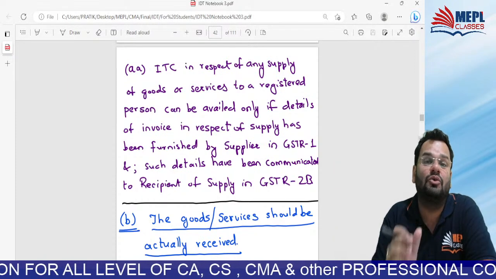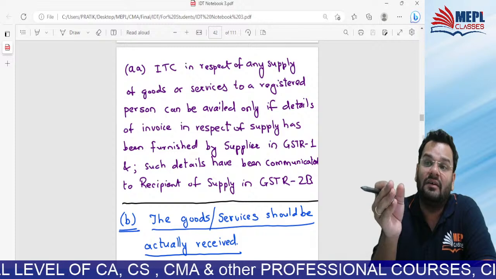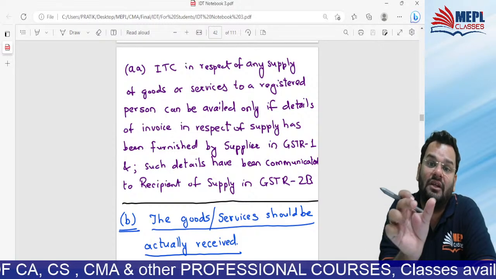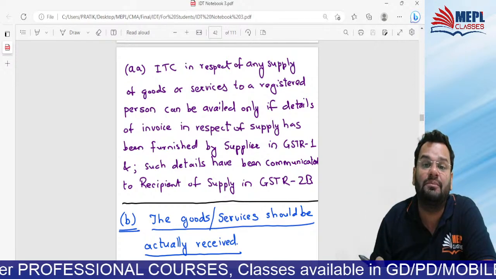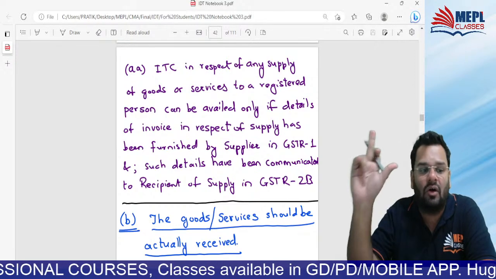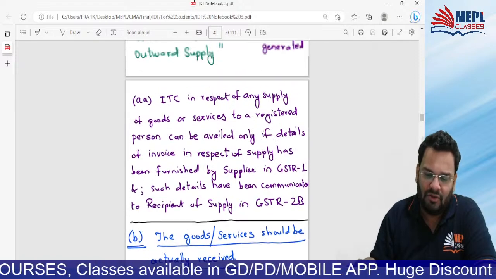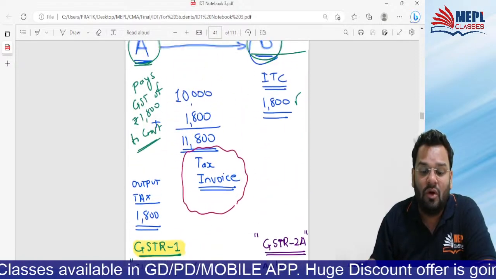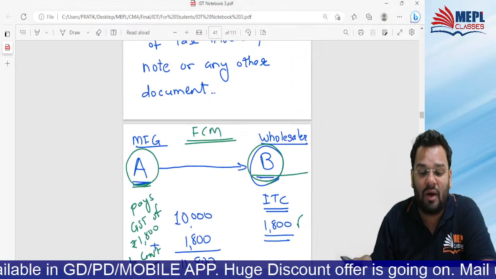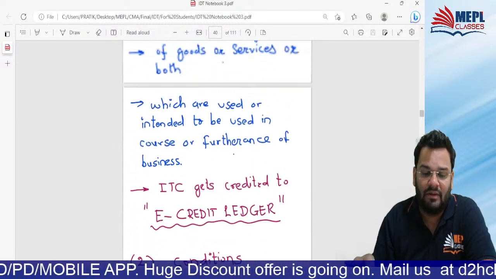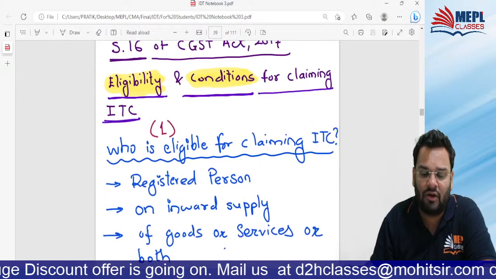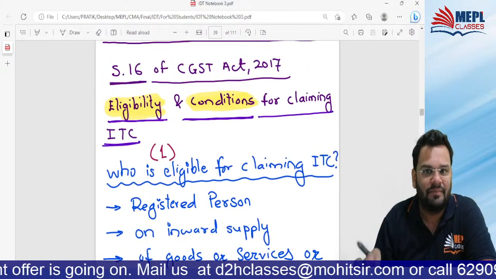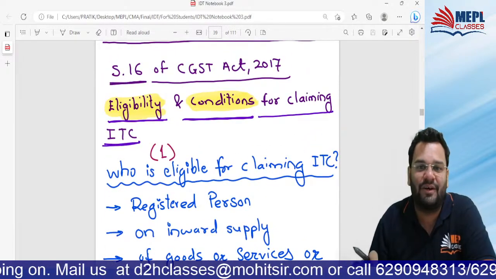Goods you receive against one invoice in lots or installments, ITC can be claimed only on receipt of the last lot or installment. So, this is Section 16, which is eligibility and conditions for claiming ITC. Is it clear to you till this point?